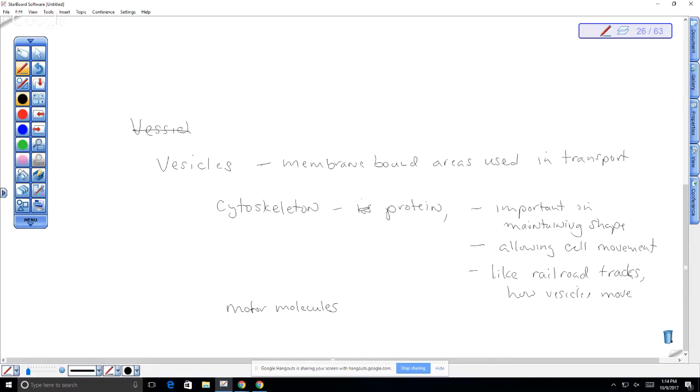And these were in the news last year because there was a Nobel Prize awarded to the chemists that figured out that the motor molecules, if the cytoskeleton is the railroad track, would be like the train. So they attach to the vesicles and they carry the vesicles.